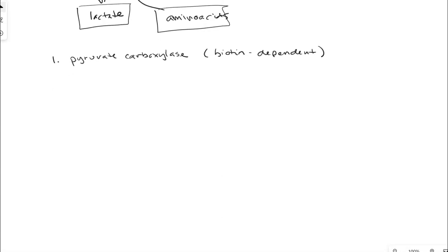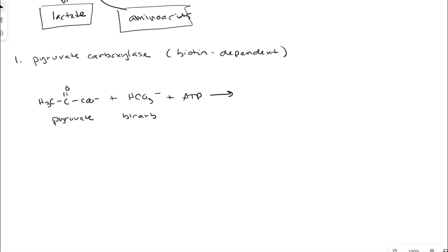And what this looks like as an overall balanced reaction is we have our pyruvate, and we're going to add bicarbonate and an ATP, and this is going to yield oxaloacetate.